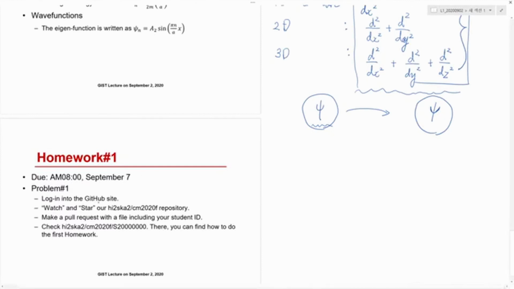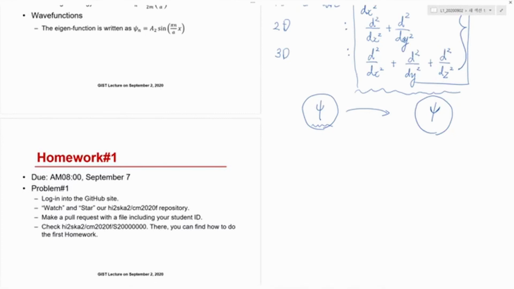First, log in to your GitHub site. I guess that some of you don't have a GitHub ID, and please make one and register, and you can log in. Then your main goal is to make a subfolder, just like I have shown to you.